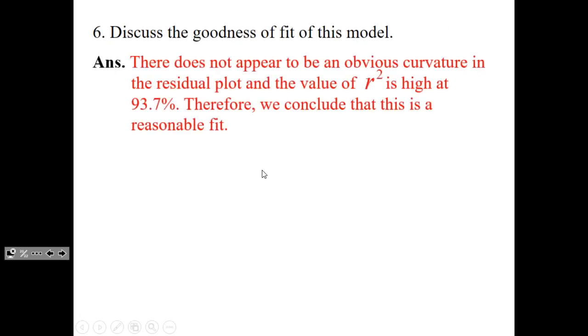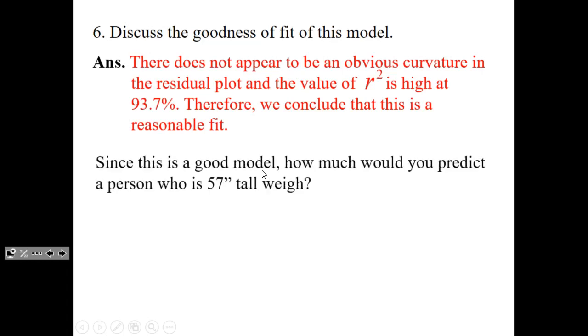There doesn't appear to be any obvious curve to the data, not in the residuals and not in the original scatter plot. R squared's pretty high. Seems this is a reasonable fit. No clear curve, no clear patterns in my residuals. R squared is nice and high. This looks like a good, well-fit model.